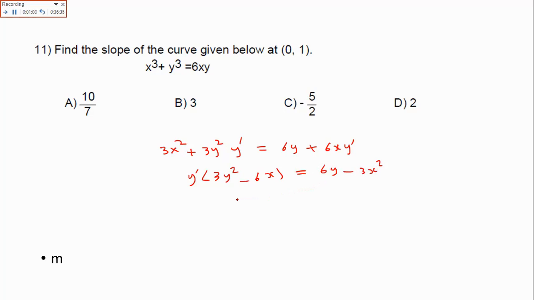So y prime is going to be equal to 6y minus 3x squared divided by 3y squared minus 6x, right?